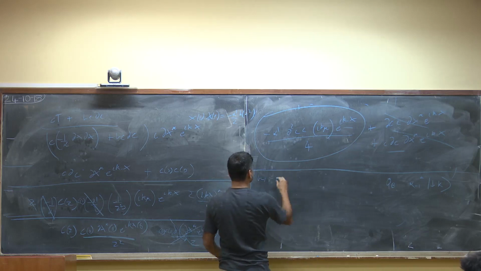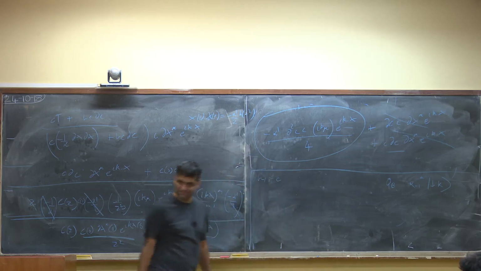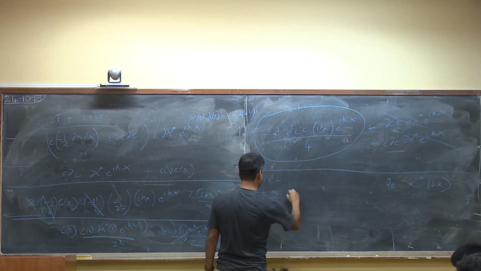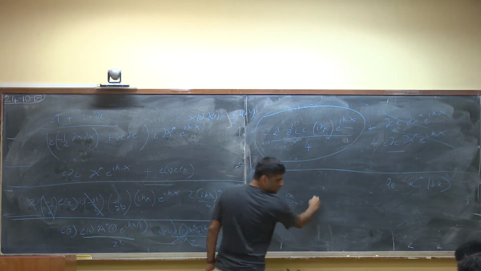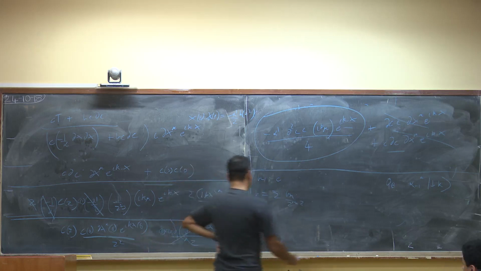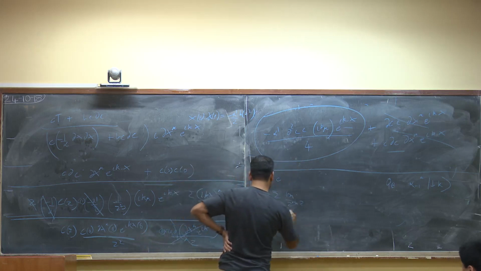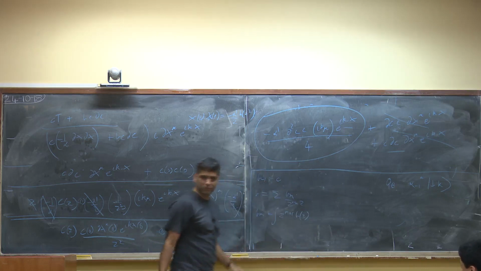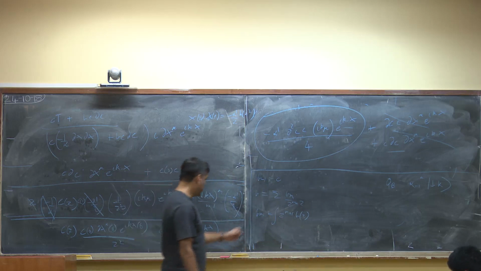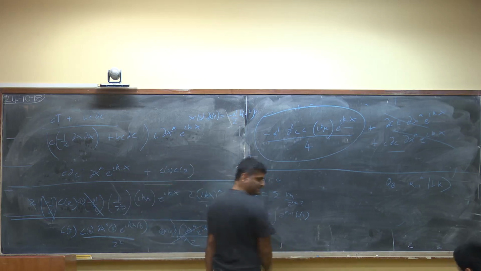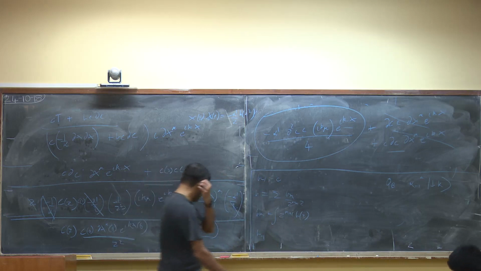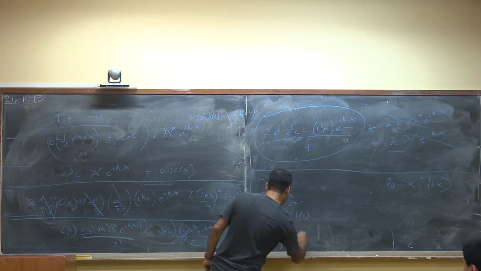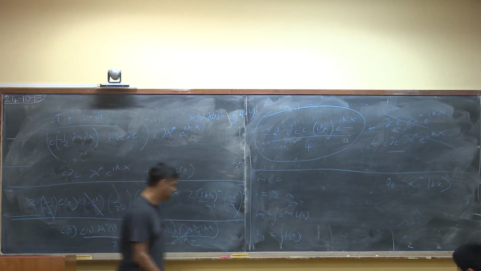We want to know what is B minus 1 on the state C. So what was B minus 1? B was expanded as a sum over Bm by Z to the power m plus 2, so Bm was equal to the integral of Z to the power m plus 1 times B of Z. I'm not writing the 1 over 2 pi i's. So B minus 1 was just the integral of B of Z dz.